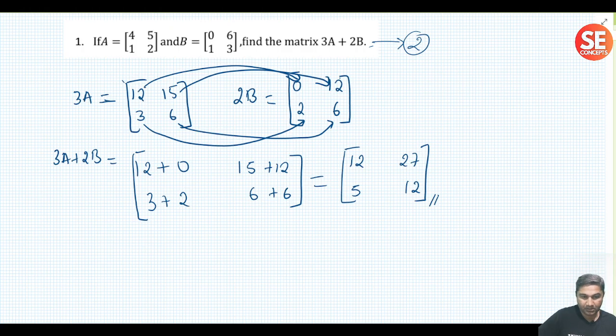I am taking one example for minus from the textbook.